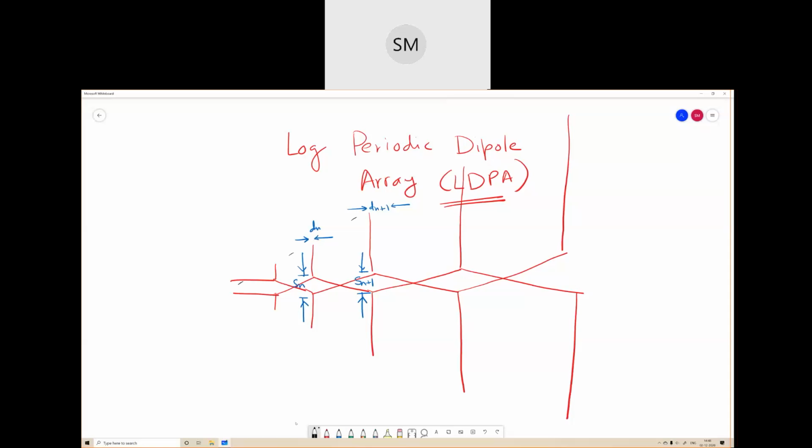If we connect all the elements by a straight line, okay, like this, then they intersect at a point. This angle we say is 2 alpha. This is Rn.